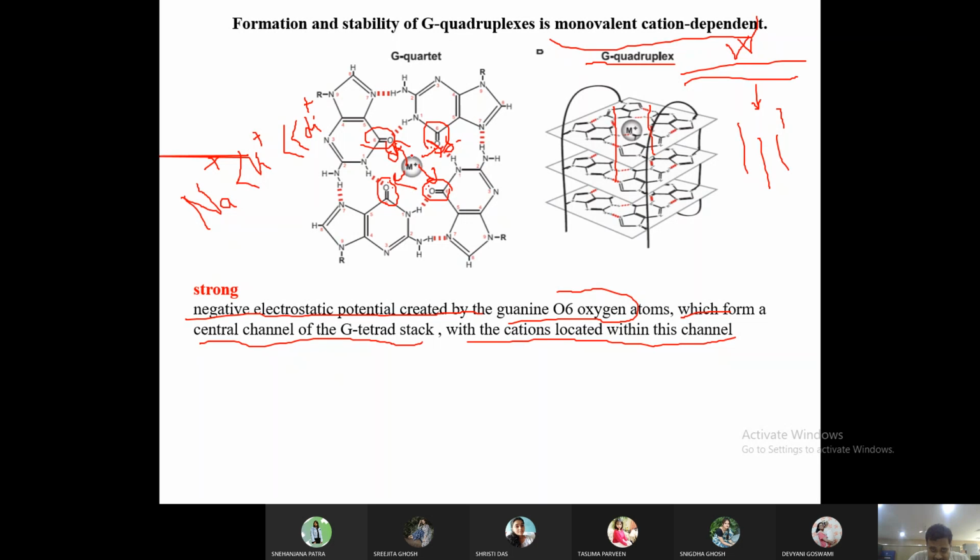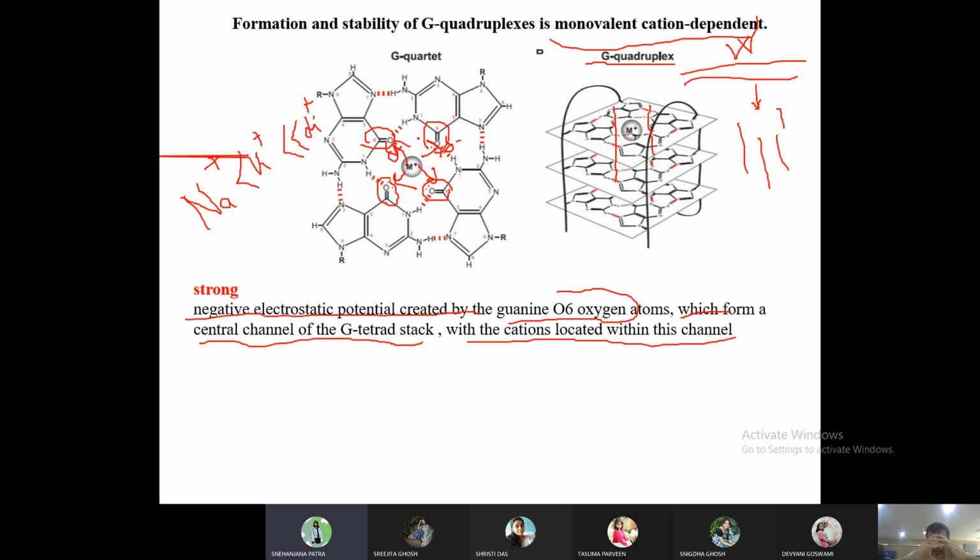And these charge attractive forces are equal and opposite to each other. They hold this entire structure very tightly closed, and the ion floats somewhere in between, and that brings enormous stability to this G quadruplex. Did you get the point?